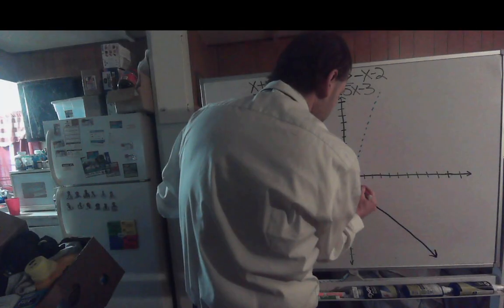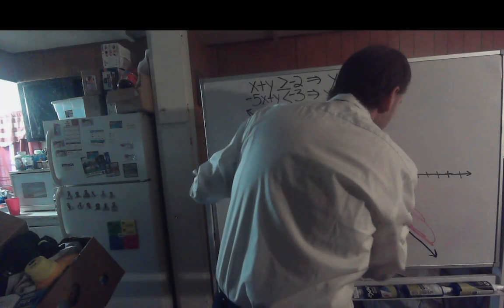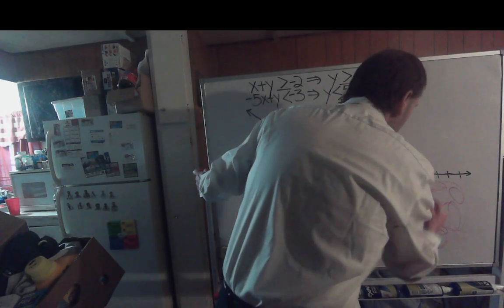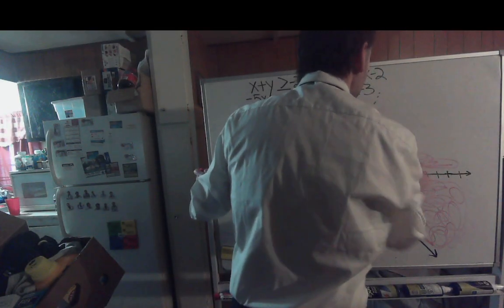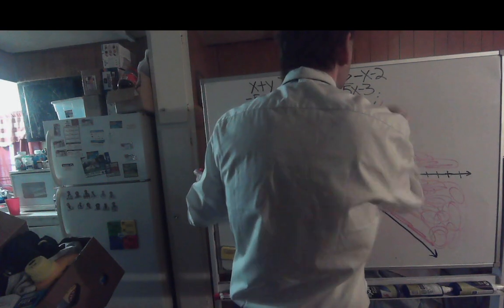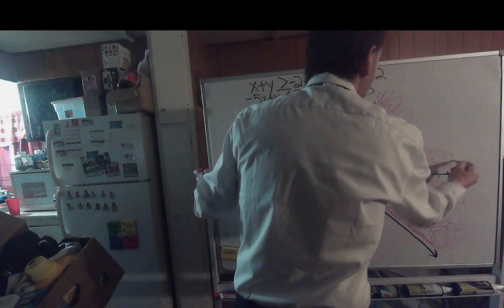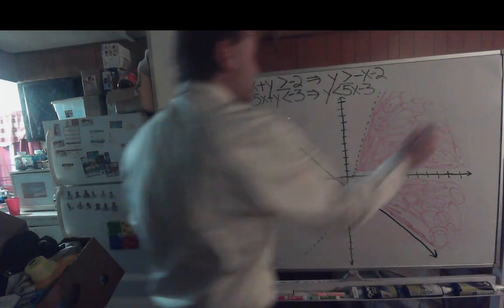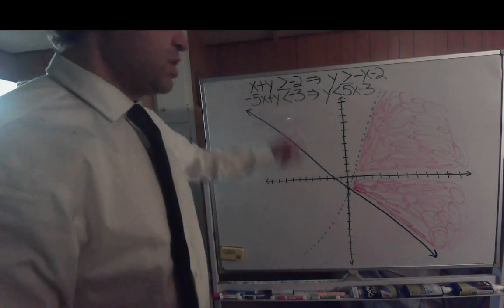So here's going to be the graph of the shaded region that's affected. And there you go. There's the graph of your shaded region that meets both of these qualifications.